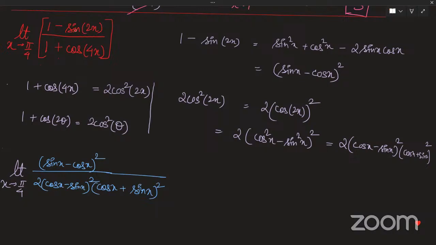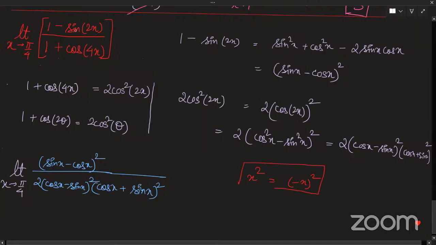See, if I'm taking x square or I'm taking minus of x square, are they both the same quantities? Yes, sir. Right? So the same thing is happening over here. It is sin x minus cos x whole square, and this one is cos x minus sin x whole square. So obviously they can be cancelled.